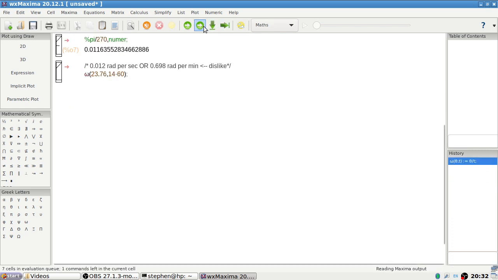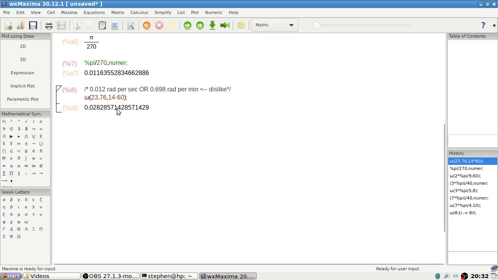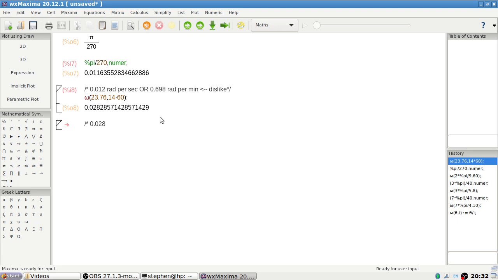So for me, I really want to say it's 0.028 radians per second. But again, if you do it per minute, then it's just going to be 23.76 divided by 14, which is 1.697. Which again, I have to point out that I dislike.